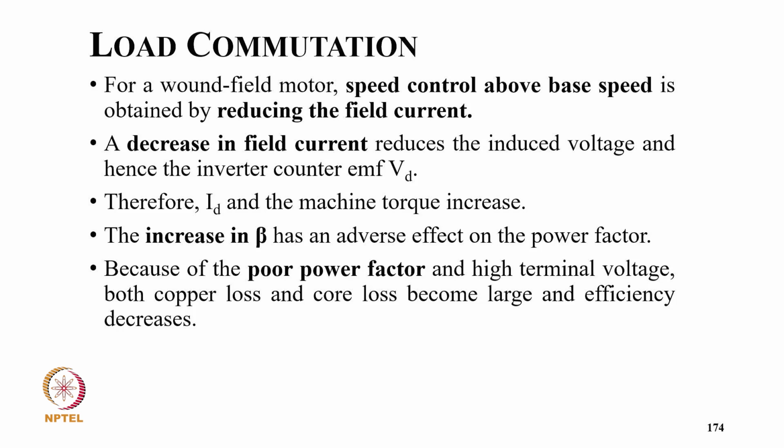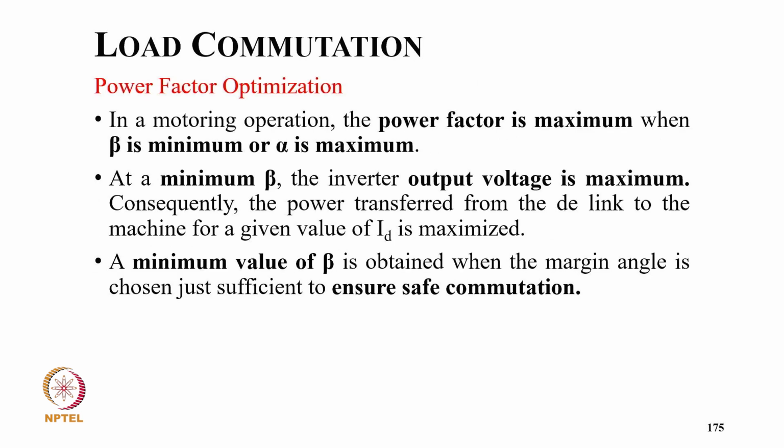A decrease in field current reduces the induced voltage and hence the inverter counter EMF VD, and therefore ID and machine torque increase. And the increase in beta has an adverse effect on the power factor. Because of the poor power factor and high terminal voltage, both copper loss and core loss become large and efficiency decreases.